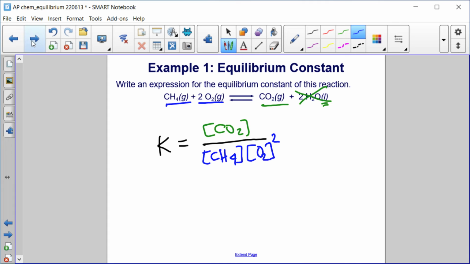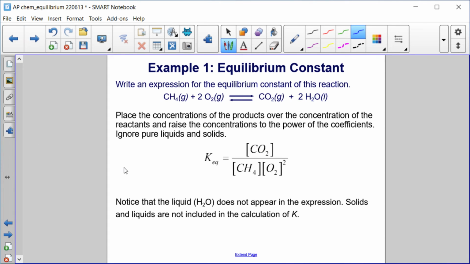If I go ahead one slide, we place the concentrations of the products over the concentration of the reactants and raise the concentrations to the power of the coefficients. We have a square there. Ignore pure liquids and solids. So notice the liquid H2O does not appear in the expression because solids and liquids are not included in the calculation of K.